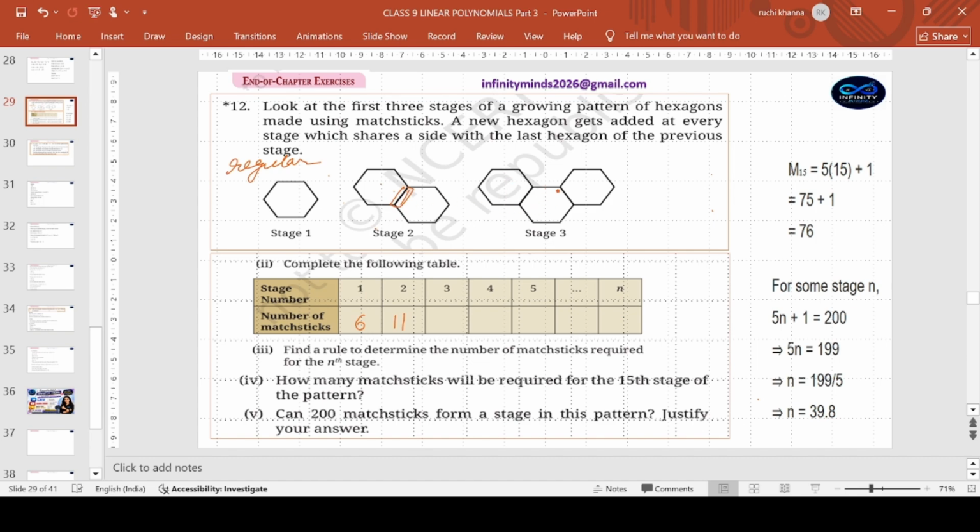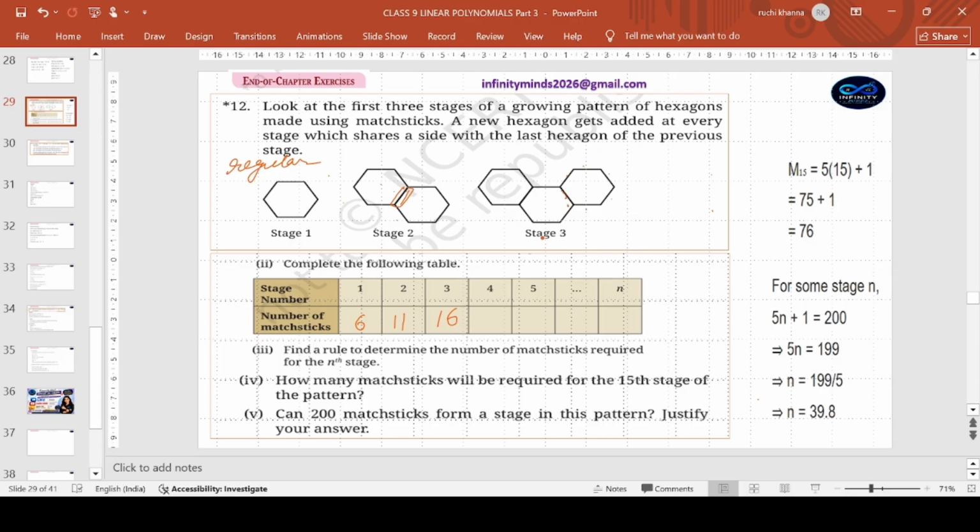Till stage 2 is already clear. We will be making use of 11 matchsticks plus another 5. This is a total of 11, 12, 13, 14, 15, 16. It will be a total of 16 matchsticks that are needed.